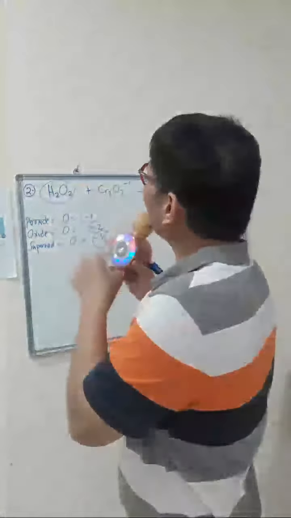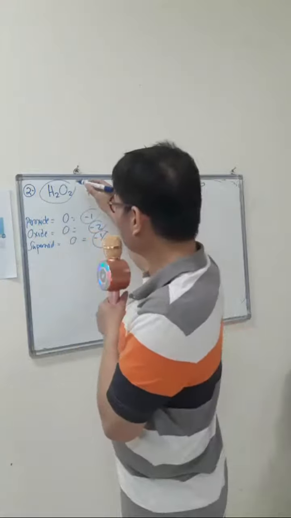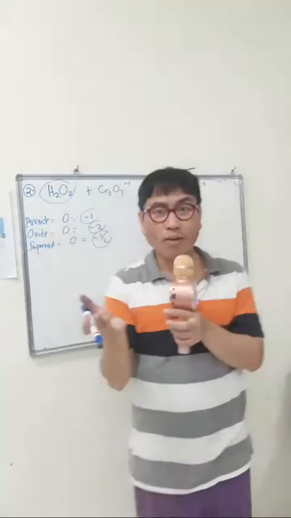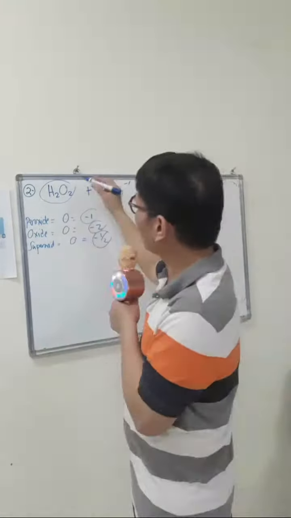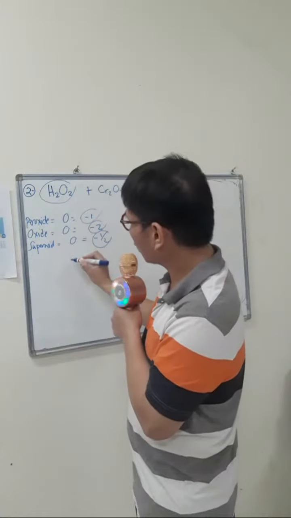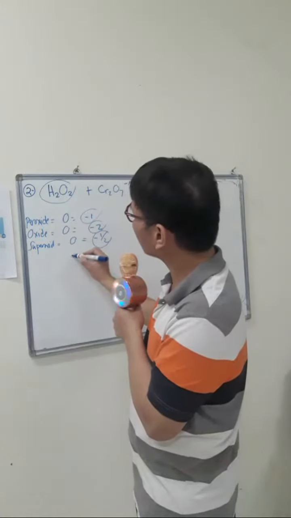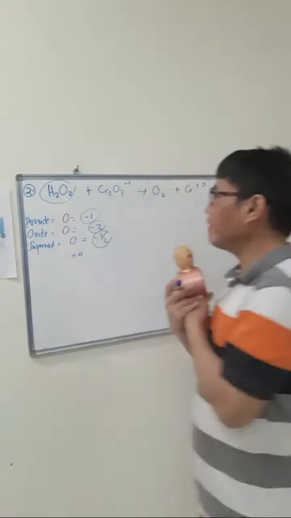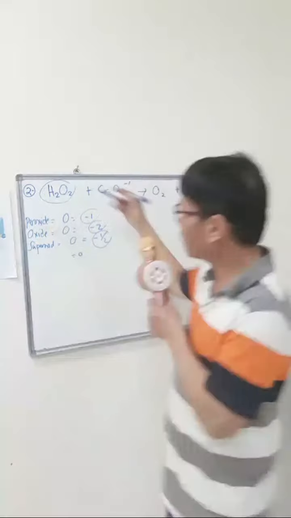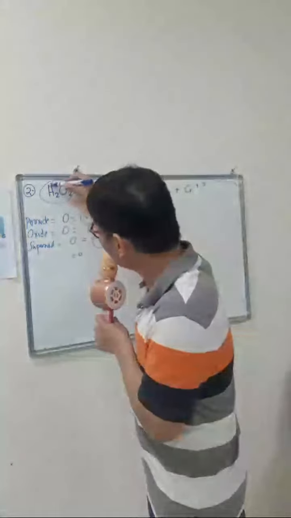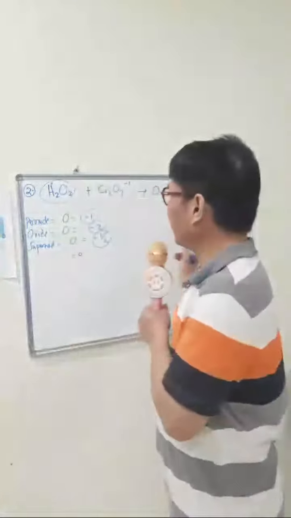Now for the hydrogen peroxide, the overall charge is 0 for the entire compound, so it is neutral. Let X be the oxidation number of hydrogen, the unknown.